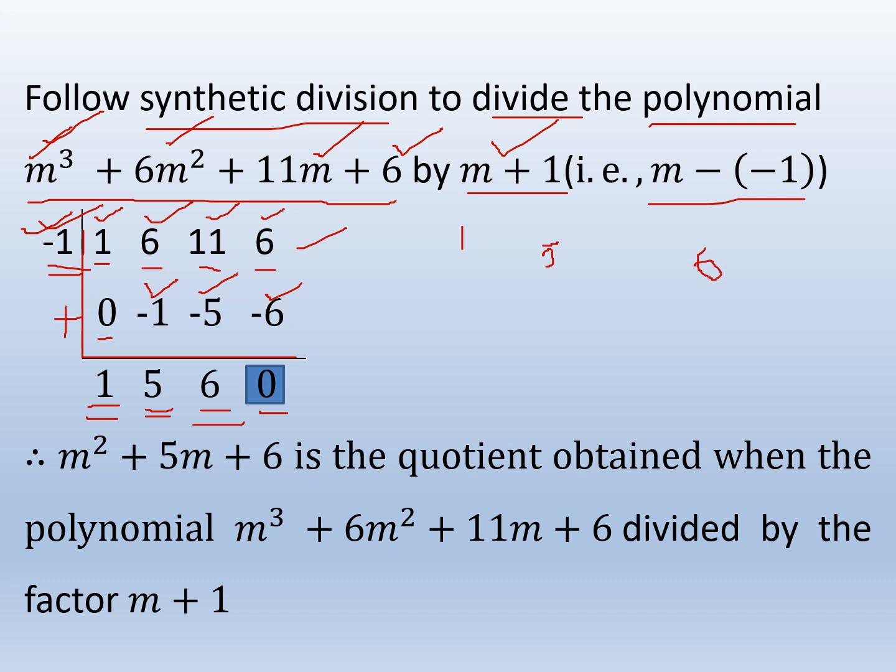Now using these 3 numbers, we want to write a new polynomial which is 1 degree less than the dividend polynomial. Here, the dividend polynomial is of degree 3. So, we write a new polynomial which is of degree 2.